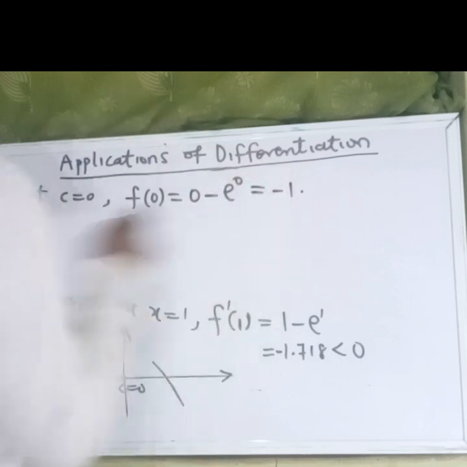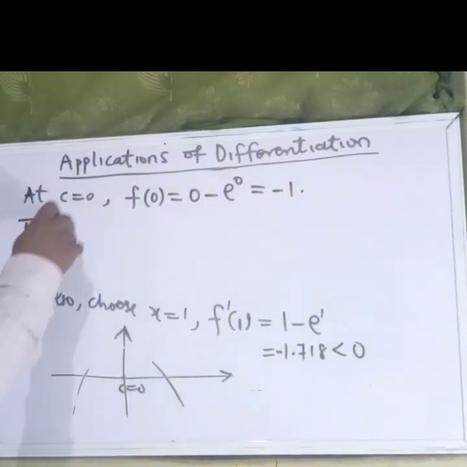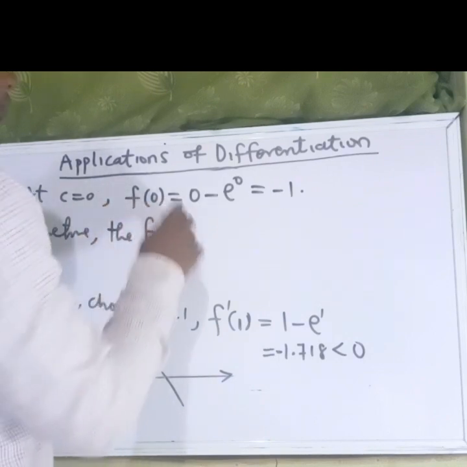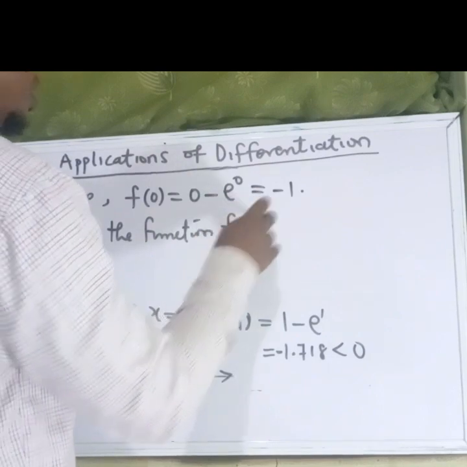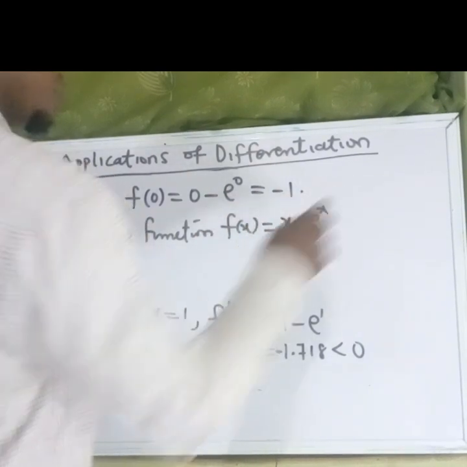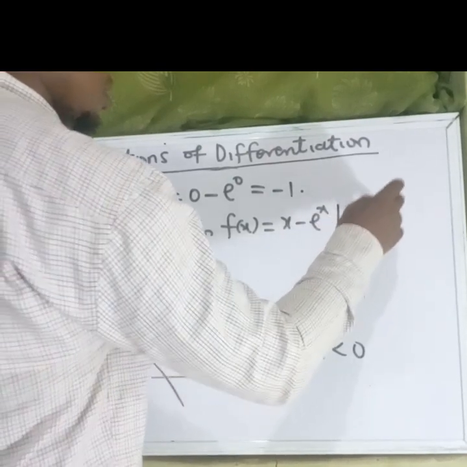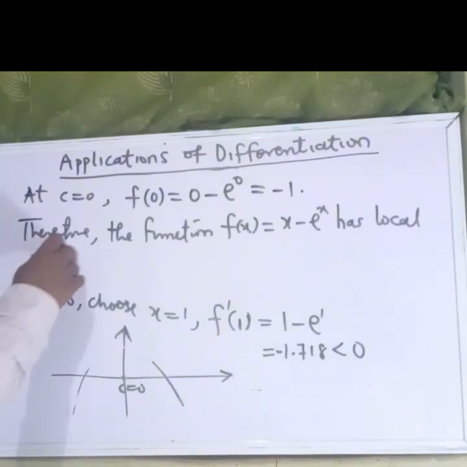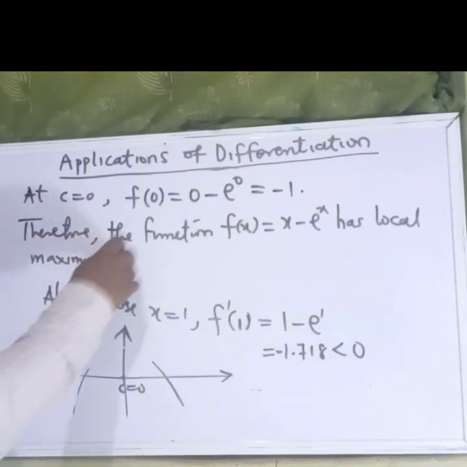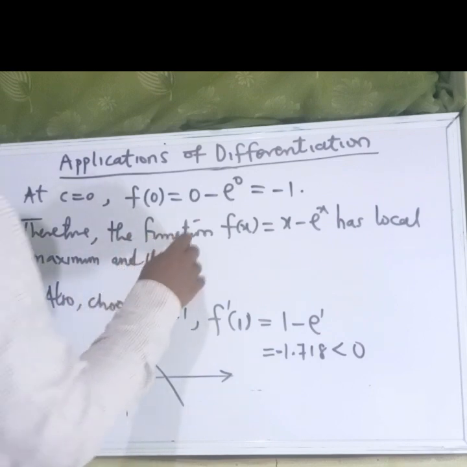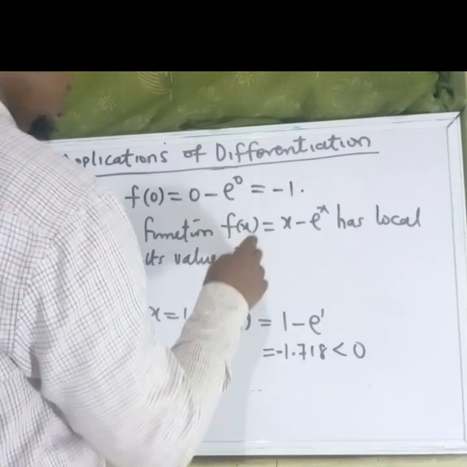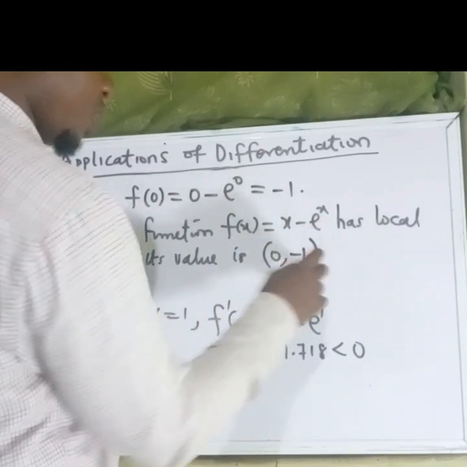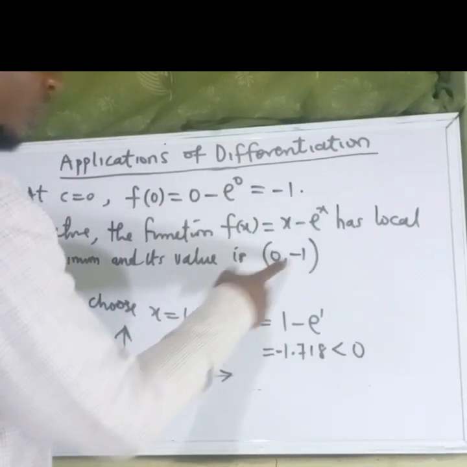Therefore the function f of x equals x minus exponential x has a local maximum, and its value is at the coordinate (0, -1), that's the turning point.